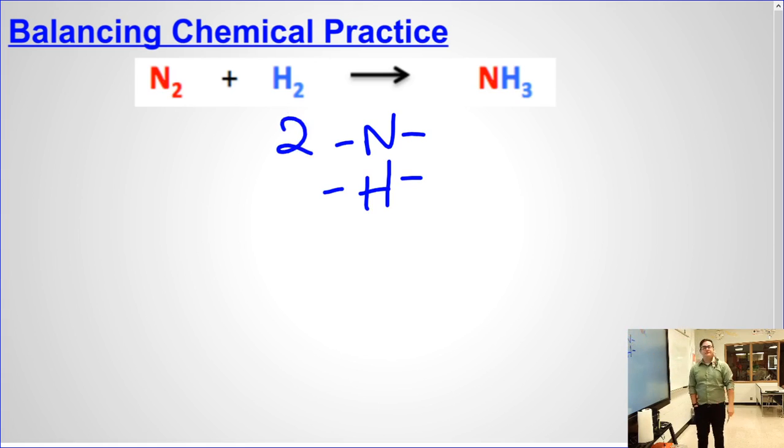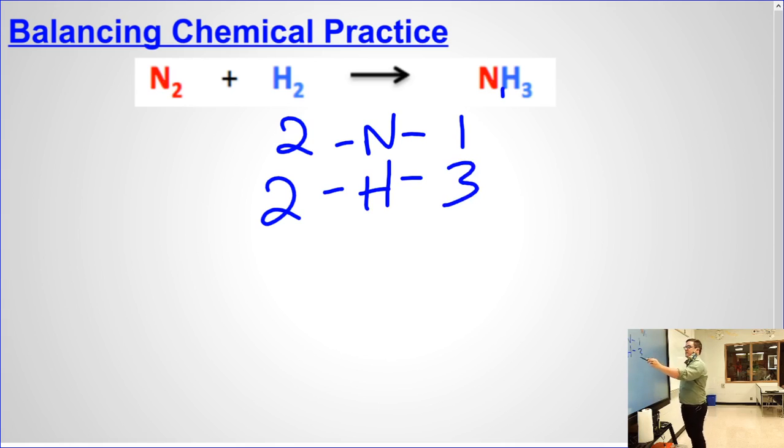Hard stuff, right? How many hydrogens do I have on the left side? Two. How many nitrogens do I have on the right side? If there's no number here, it's understood to be a 1. So how many nitrogens? 1. And how many hydrogens? 3. Fantastic.